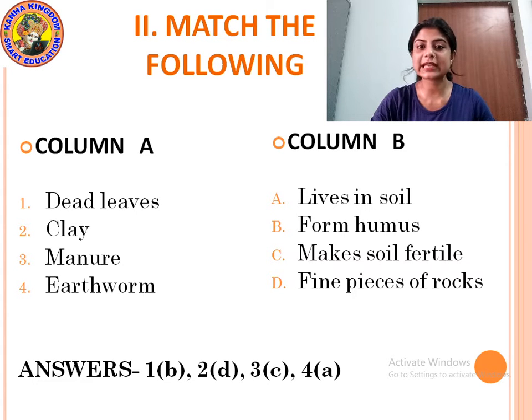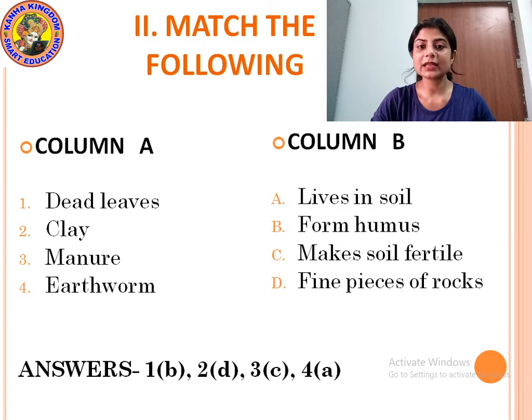Then number 3, manure. The answer of number 3 is C, makes the soil fertile. 3C. And the answer of number 4, earthworm, is A, lives in soil.